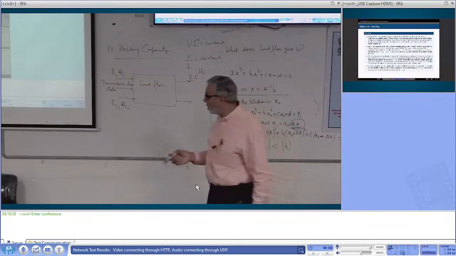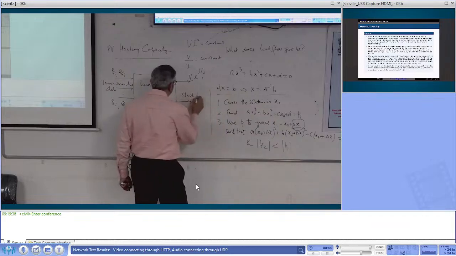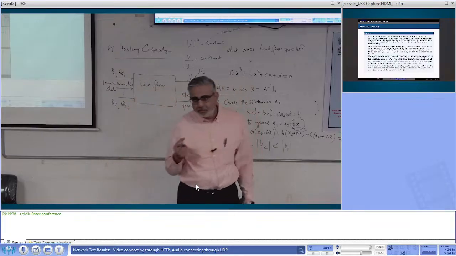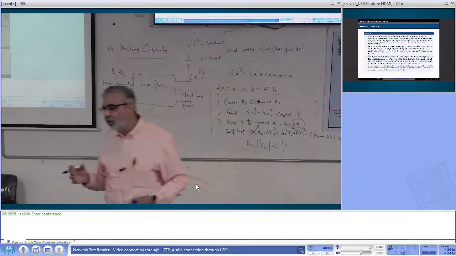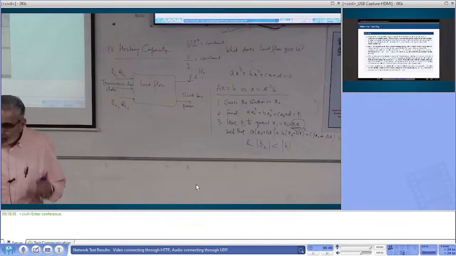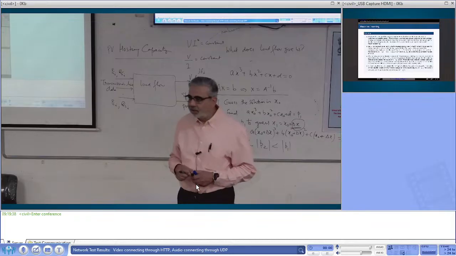So that is called slack bus power. So we always keep a slack bus, where we don't tell what the generation PGi and QGi is, because that number will depend on the analysis after you finish.